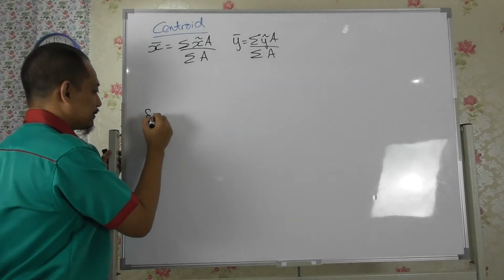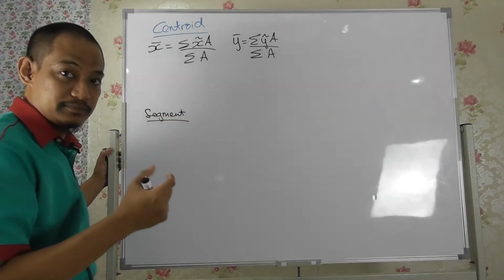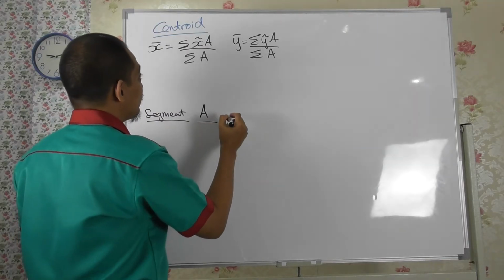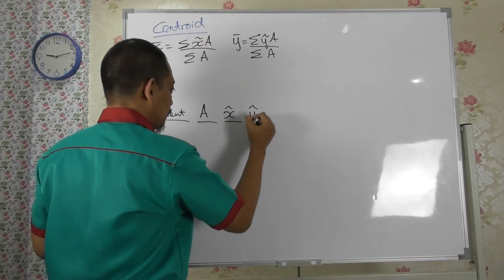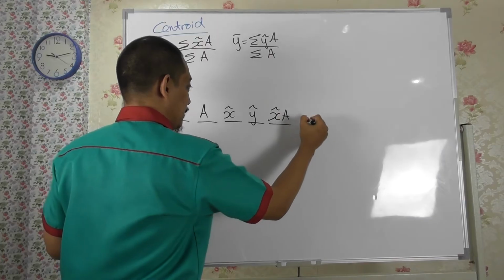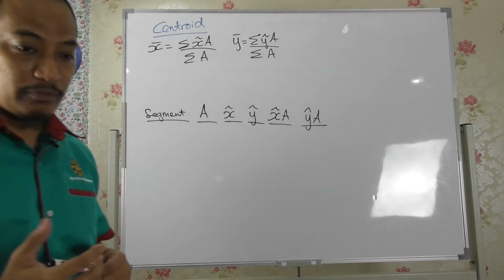let's say the segment or the section, and then we have the area, centroid x, centroid y, and then the multiplications xA and yA. So that will be the columns of the table.